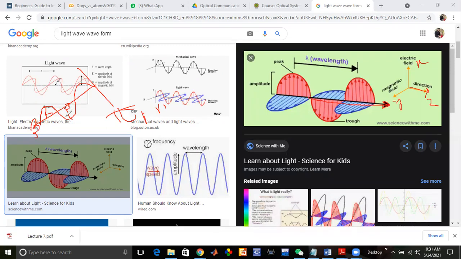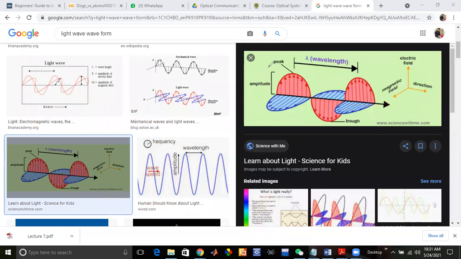This is called transverse. And if you consider spring waves, when we compress the spring, the wave flows in this direction, and the particles also vibrate in this direction. They make zero angle with each other, so one is transverse and one is called longitudinal waves. So these are longitudinal waves.